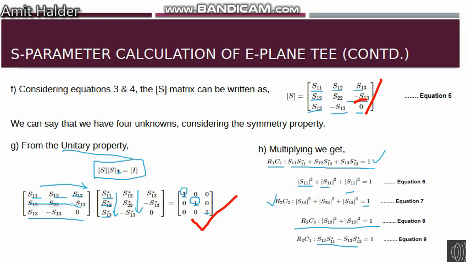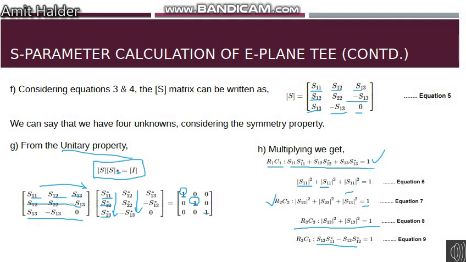If we multiply after just calculating these two things, we will find from the first row and column, the second row and column, the third row and column, that there are some equations, and all the equations are equal to 1 if we just calculate it through the whole calculation.